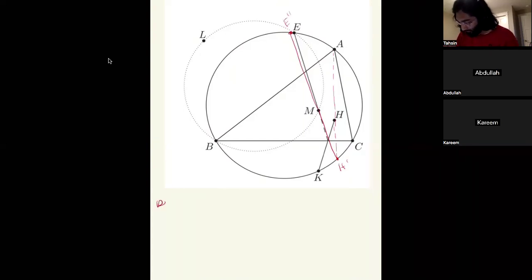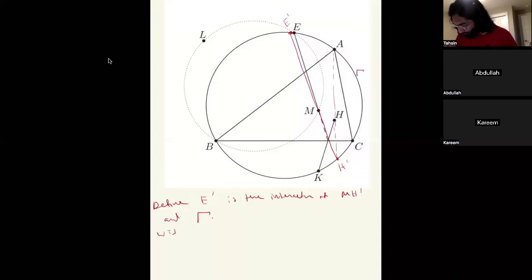So E prime is the intersection of MH prime and gamma, the circle of ABC.